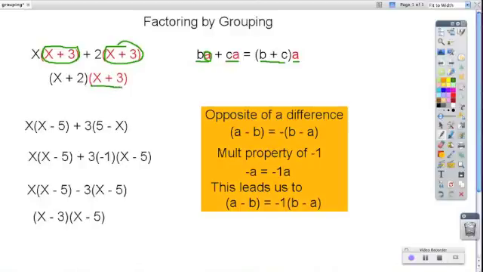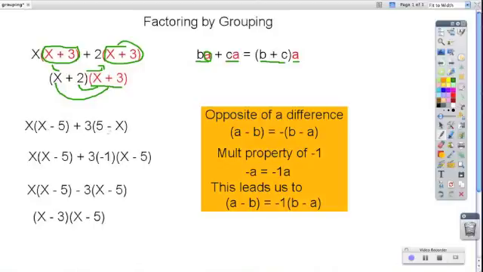Once again, x plus 3 times 2 equals this, and x plus 3 times x equals that. This is called factoring by grouping. Let's look at another problem.